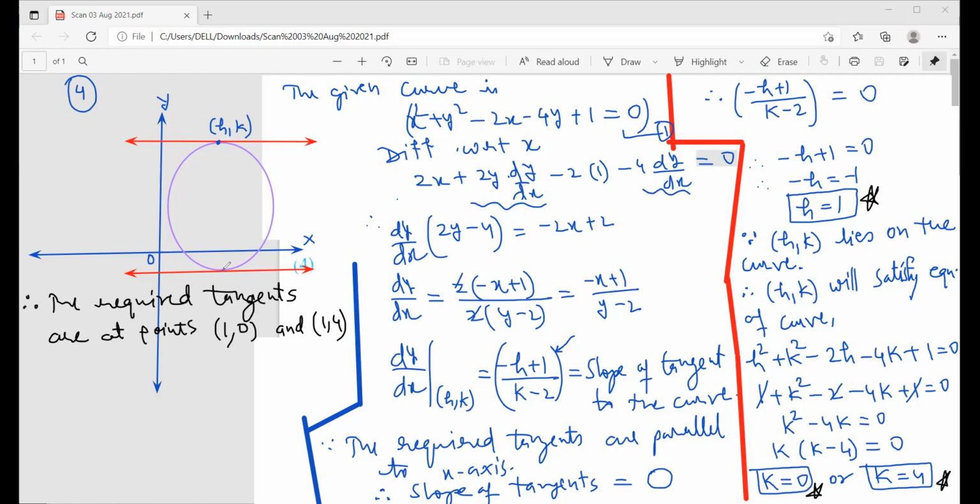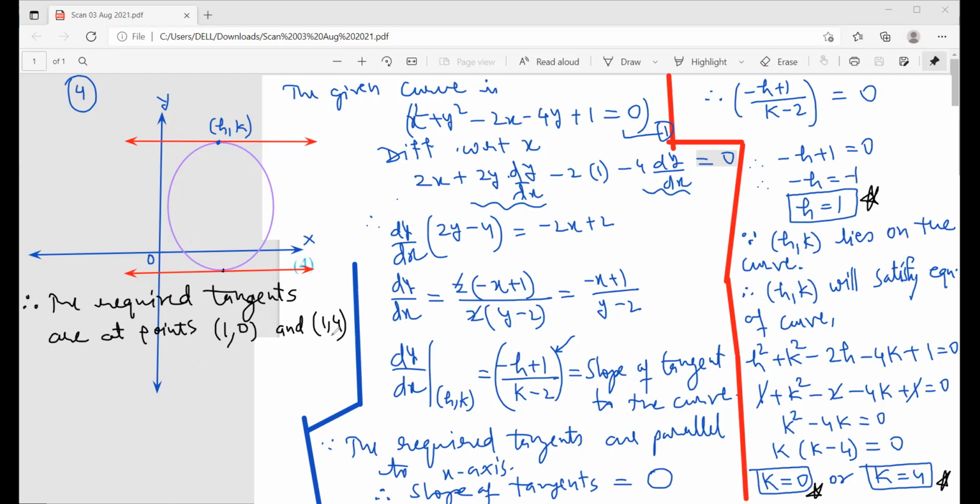And the diagram which I have drawn, see, this is okay, but then this point here is definitely not 1 comma 0. This point is on x-axis, 1 comma 0, y coordinate is 0. So this diagram is only for representation purpose. It is not an accurate diagram. And you don't have to worry in exam, even if you draw such a diagram, it's okay because it is understood that you are drawing a diagram just for the reference purpose.